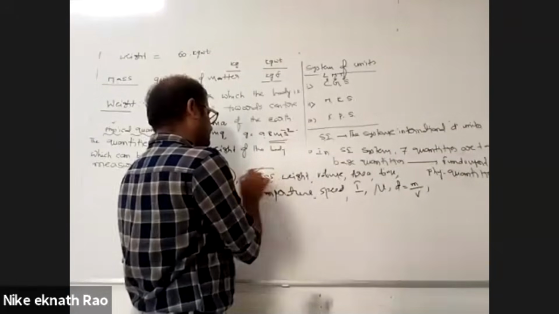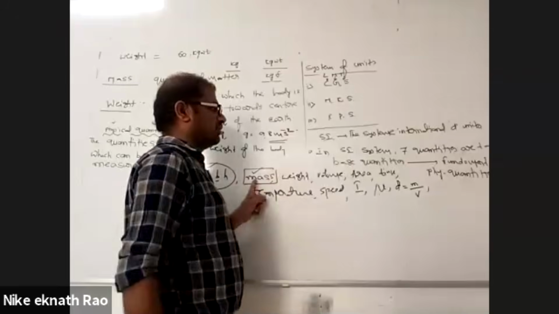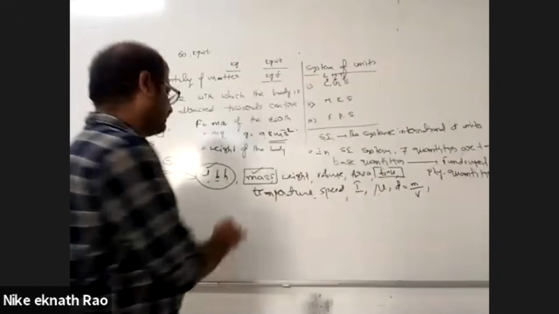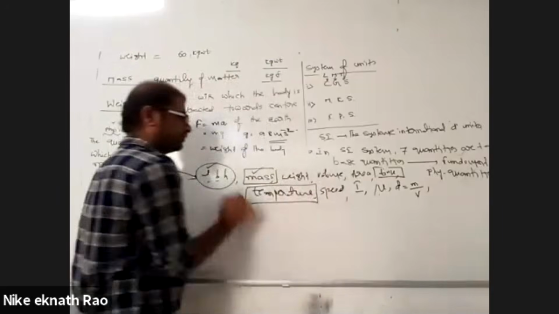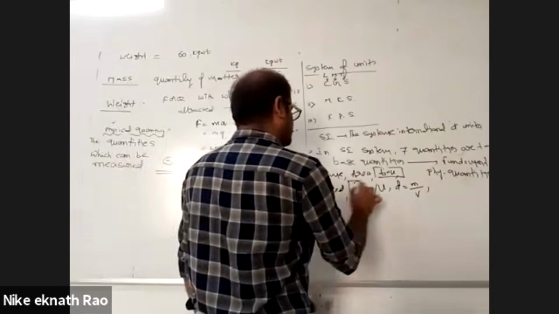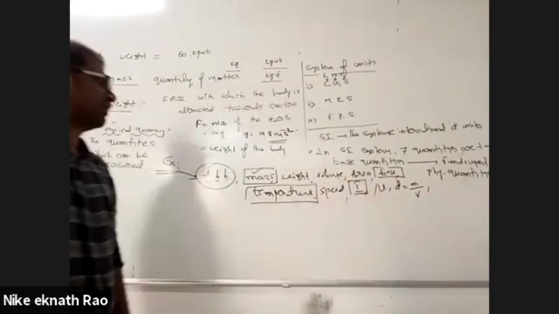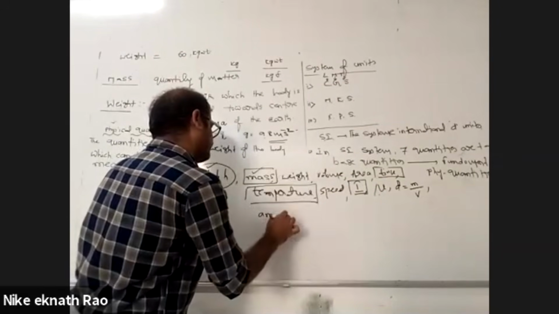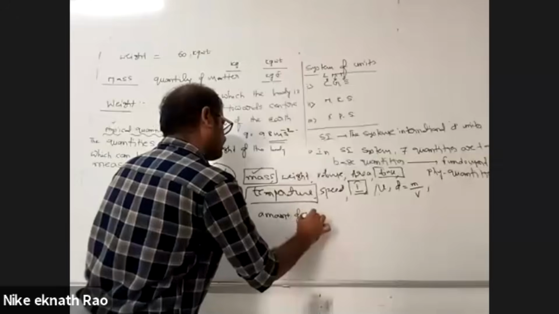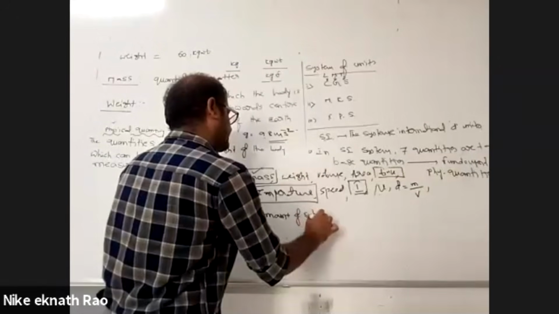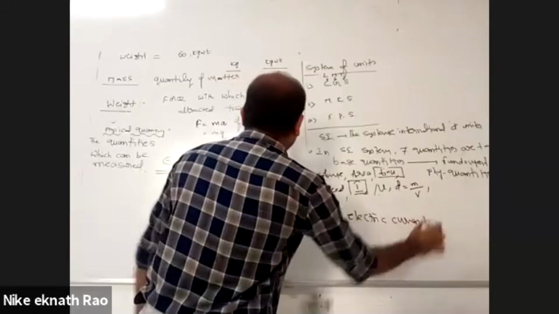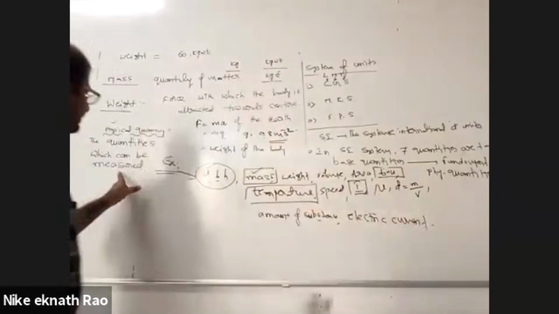Time is fundamental. Temperature is fundamental. Luminous intensity is fundamental. And 2 more are there: amount of substance and electric current. All these you can take as examples of fundamental quantities.